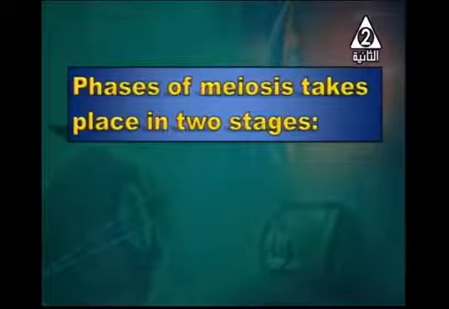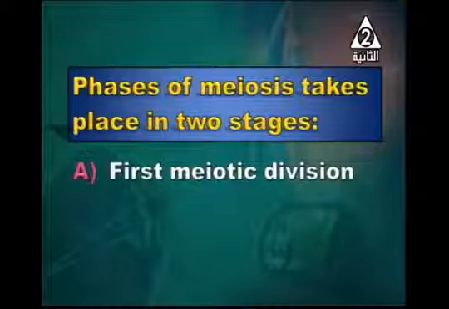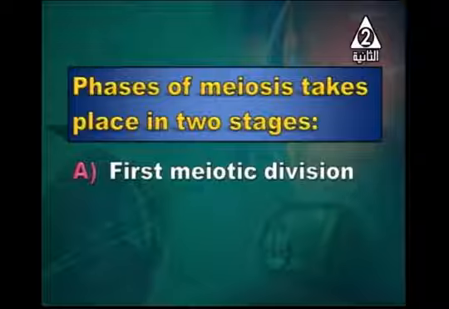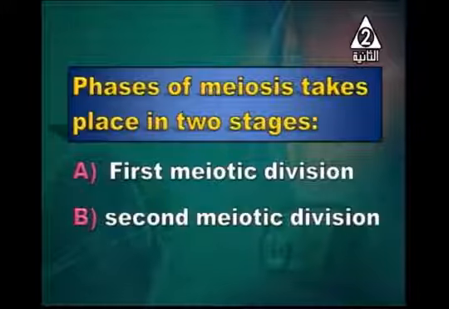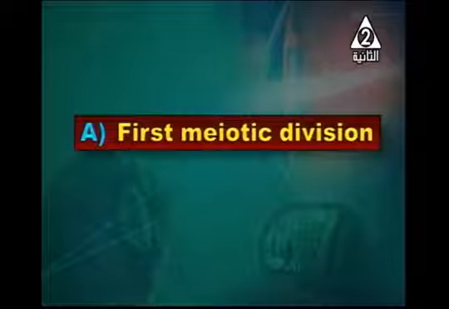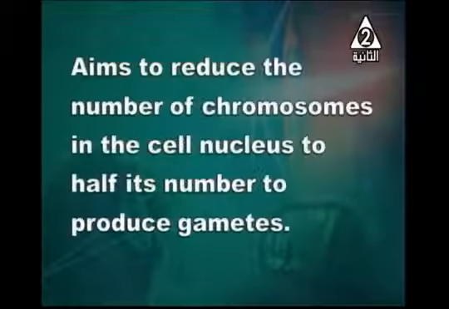Meiosis takes place in two stages: the first meiotic division and the second meiotic division. Firstly, we will talk about the first meiotic division. What is the aim of the first meiotic division?